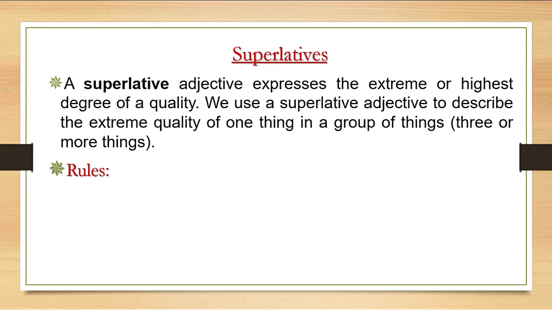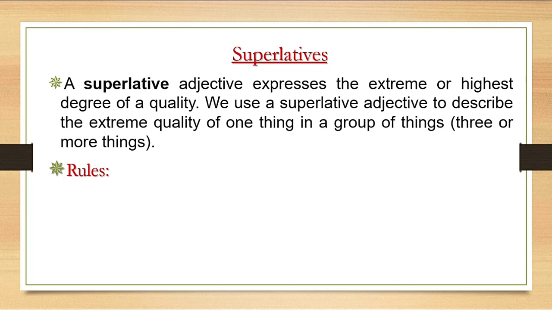So this is the difference between superlative and comparative. For the comparative, you compare the differences between two things. But for the superlative, you compare one thing in a group of things, which means 3 or more things.